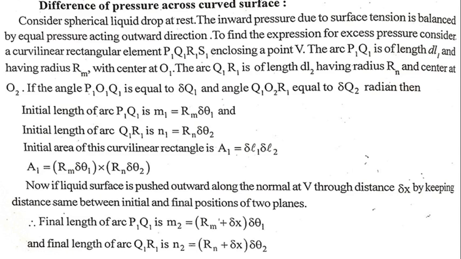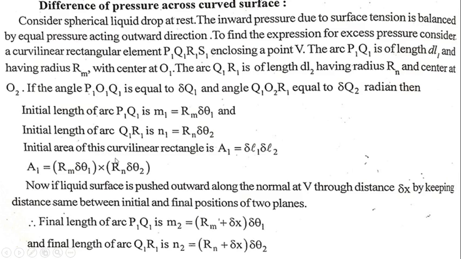If the angle P1O1Q1 is equal to delta theta 1 and angle Q1O2R1 is equal to delta theta 2 radian, then the initial length of arc P1Q1 is M1 equal to Rm delta theta 1, and the initial length of arc Q1R1 is N1 equal to Rn delta theta 2.